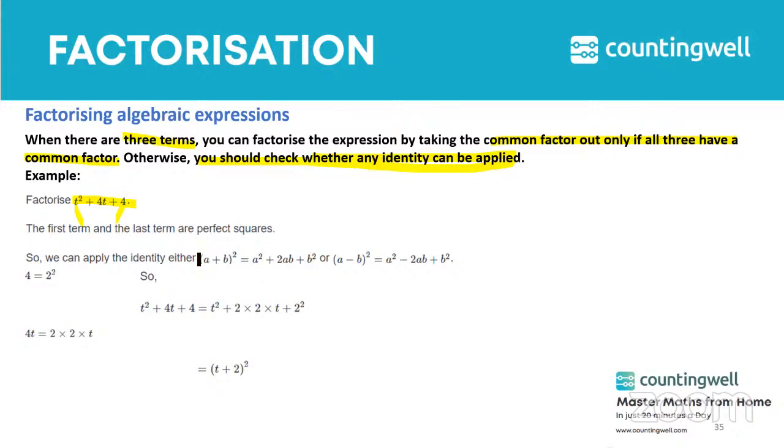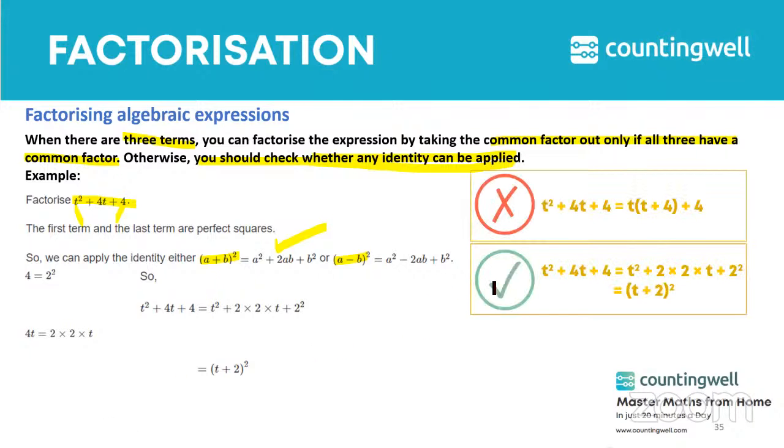So we can apply the identity a plus b whole square or a minus b whole square. Since here there is no minus sign, we apply the plus identity. As I told you, t square plus 4t plus 4 can be written as t square plus 2 into 2 into t plus 2 square, which is t plus 2 whole square. So this is the correct way of doing it.